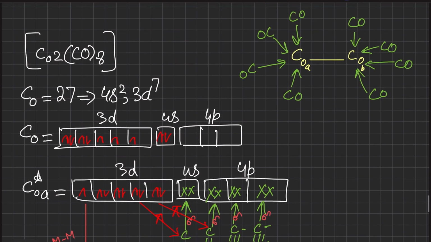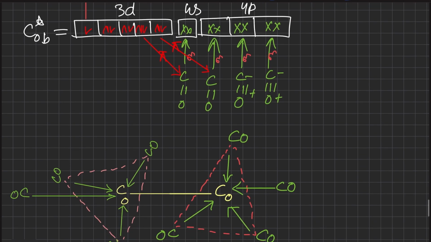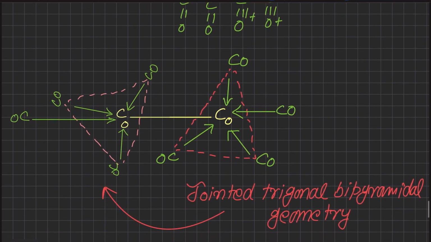Again, this is the structure just to have an idea about how many carbonyls are attached, but if we draw the geometry, we see that each cobalt is attached with 4 carbonyls and there is one bond which is the metal metal sigma bond. So overall each cobalt is attached with 5 bonds.